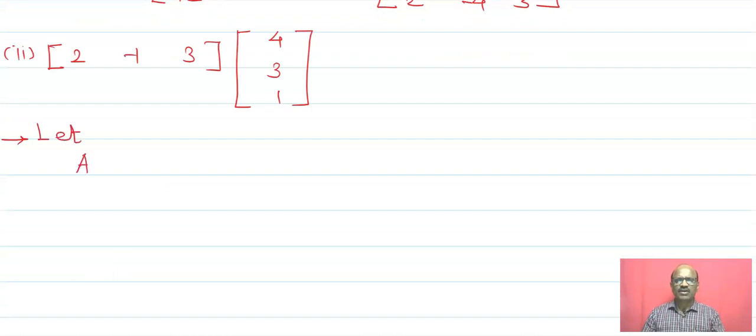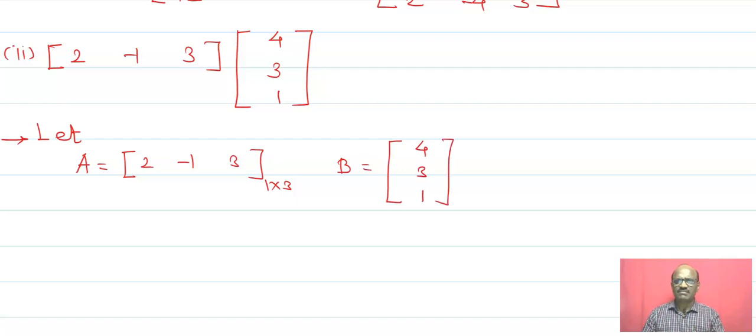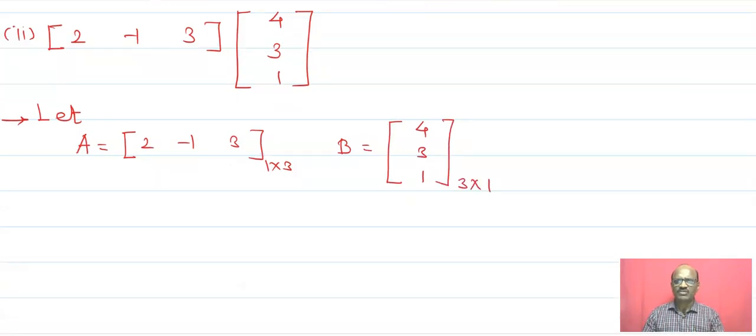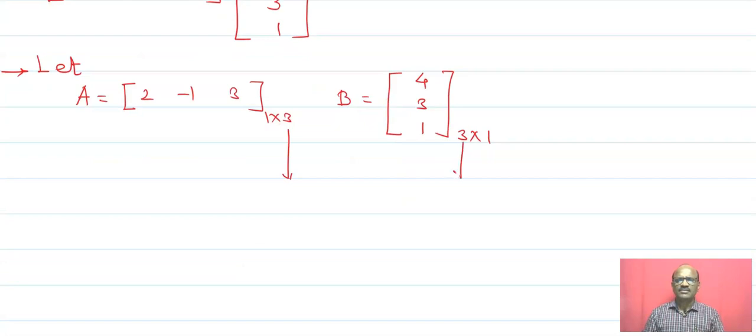This is the answer. Next, the order of the first matrix is 1 by 3 and the order of the second matrix is 3 by 1, that is 3 rows and 1 column. Again, these two elements, 3 and 3, are the same. That is, the columns of the first matrix equal the rows of the second matrix.